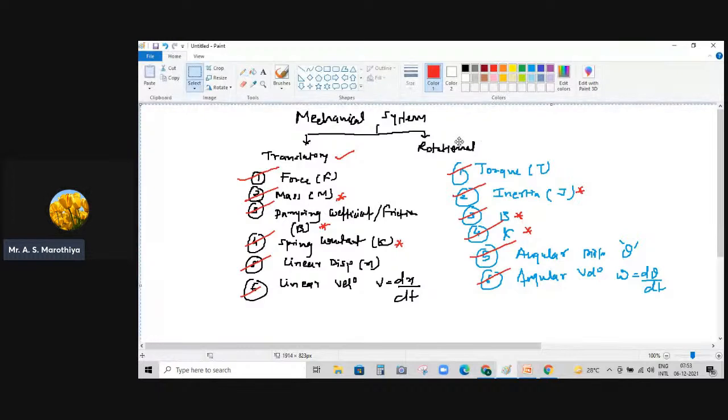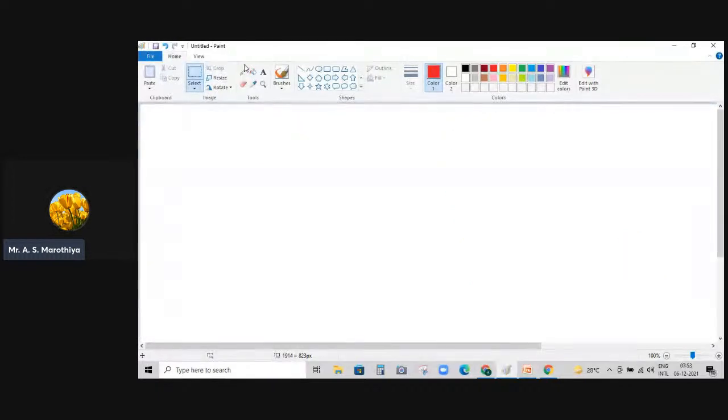So let me tell you how to write the equations. I'm writing here equations of force in case of translatory motion type mechanical system. Here we have three fundamental components which play an important role. First one is mass. The force component offered by mass is indicated by symbol Fm, and it is going to be equal to M d2x by dt square.